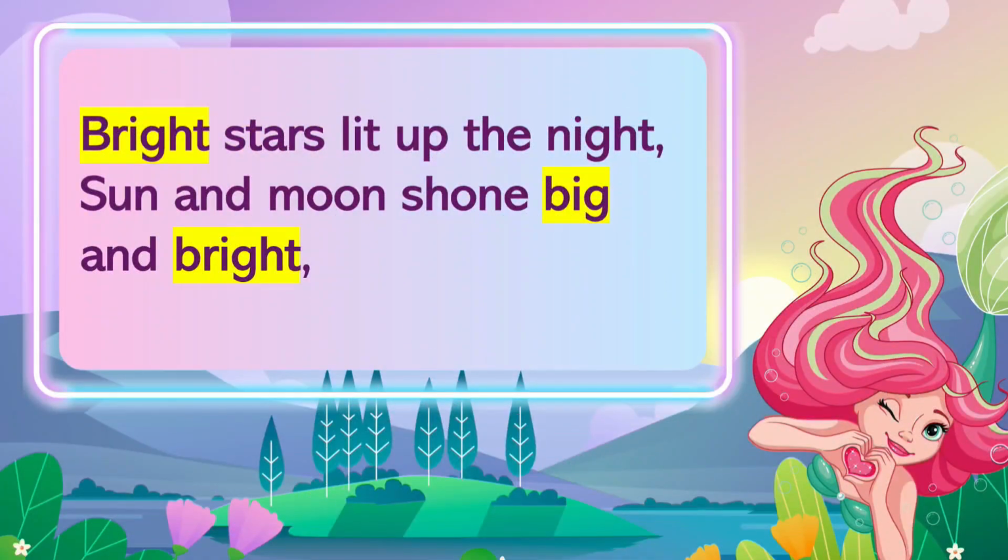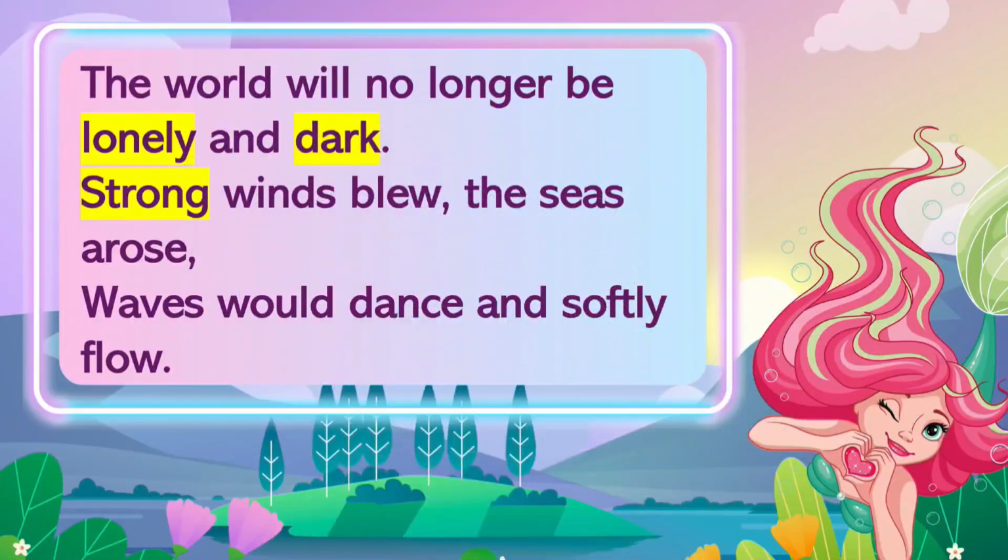Bright stars light up the night. Sun and moon shone big and bright. The world will no longer be lonely and dark. Strong winds blew, the seas arose, waves would dance and softly flow.